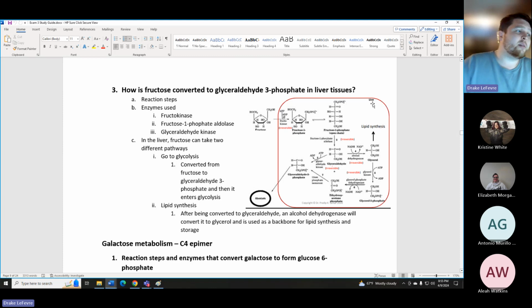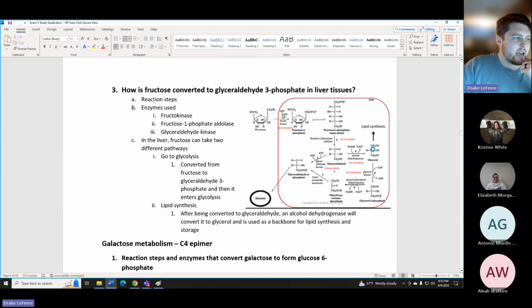You'll learn all about triglycerides and lipid synthesis, lipid formation, and lipid breakdown. Kind of like this trimester, we talked a lot about protein buildup and breakdown and carbohydrate buildup and breakdown. Next trimester, it's a whole bunch of fat buildup and breakdown. So keep these little things in mind because these are going to come back next trimester.